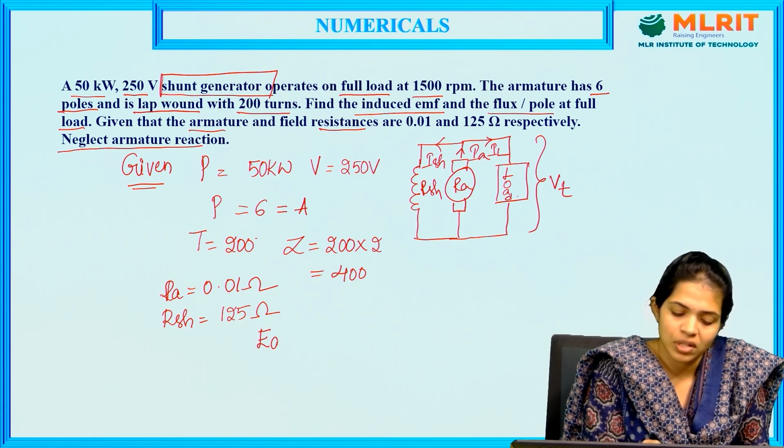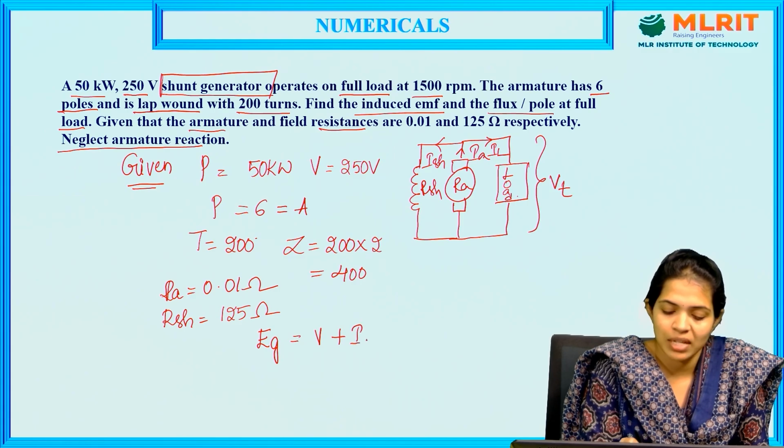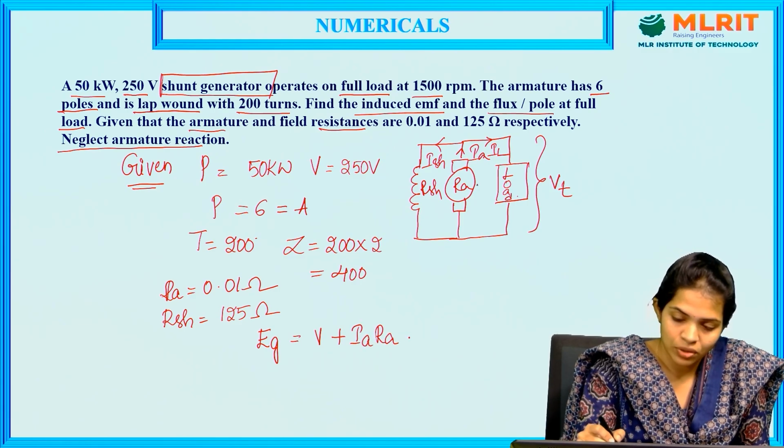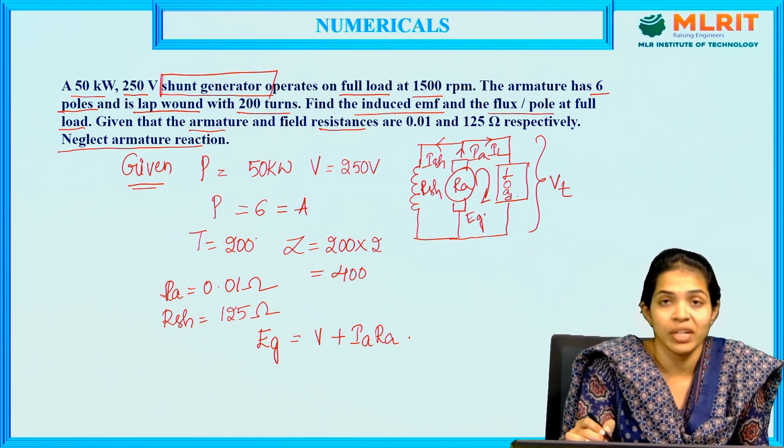Induced EMF is nothing but Eg again. For this we will write it as Vt plus IaRa. When we write the loop equation for this particular loop, the generated EMF across the armature will be delivered to the load.